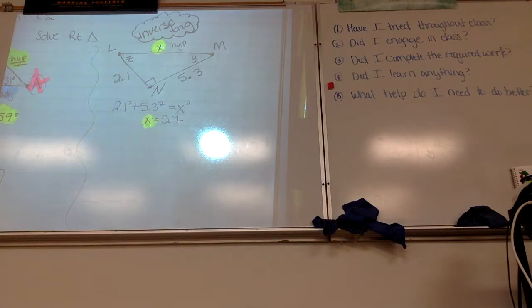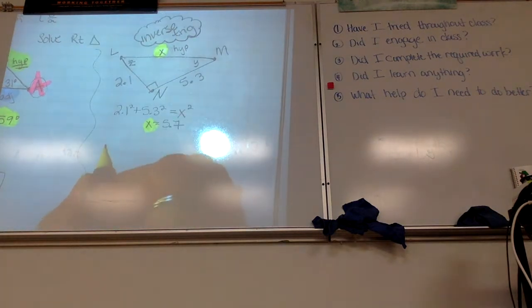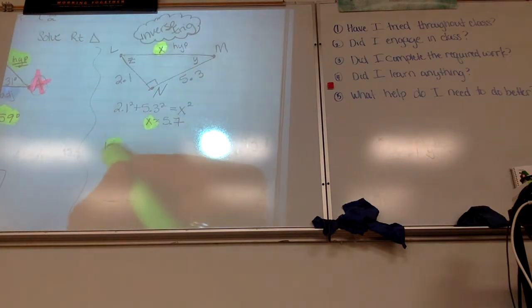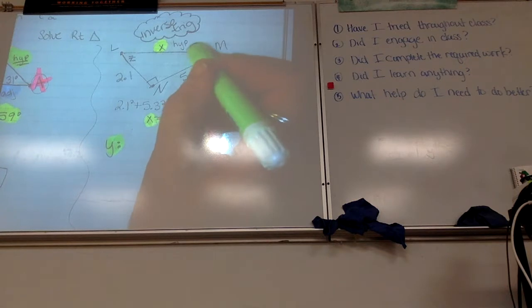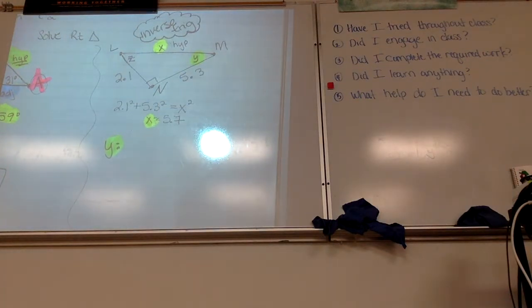Okay. So then let's go ahead and do y. For the value of y, I'm standing at y. So since I'm finding that angle, it's easy to know that's where I'm standing. What sides am I going to use? If I'm standing there, I've already got the hypotenuse marked. What's the 2.1 marked with?